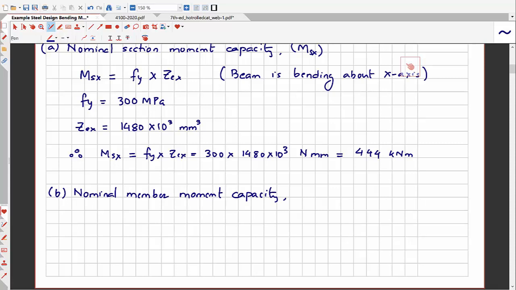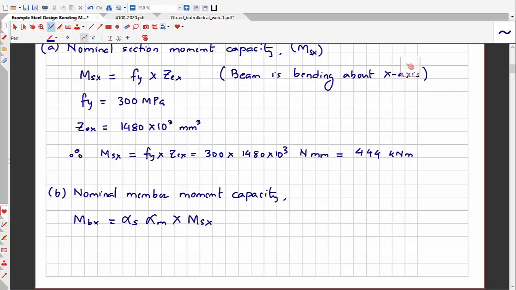Which is denoted as MBX. We have two factors, alpha S and alpha M, the slenderness reduction factor and the moment modification factor, multiplied by MSX. Now we have to find the alpha S factor and the alpha M factor.